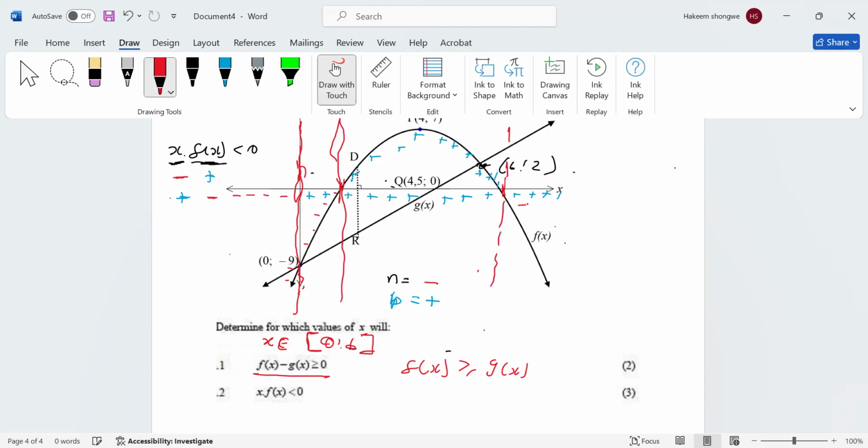After that, negative, negative, negative. I think it's clear which sides we're looking for. So we're looking for blue and red.